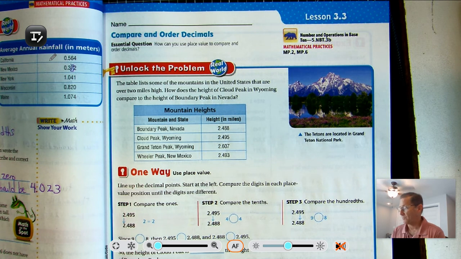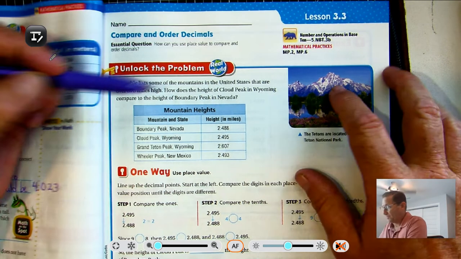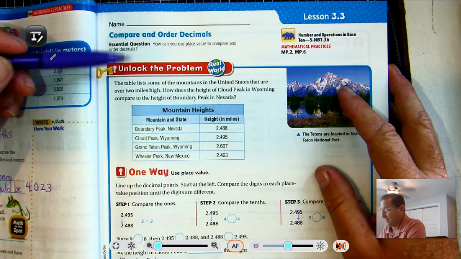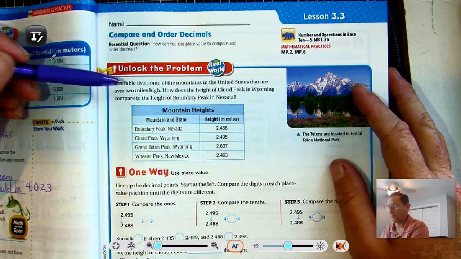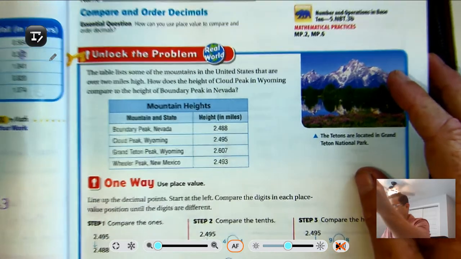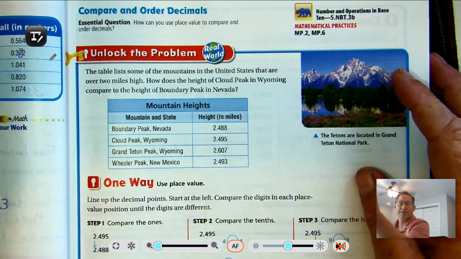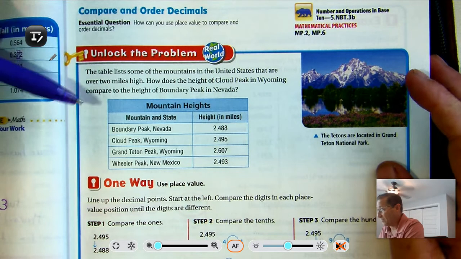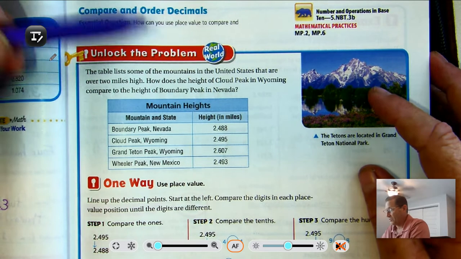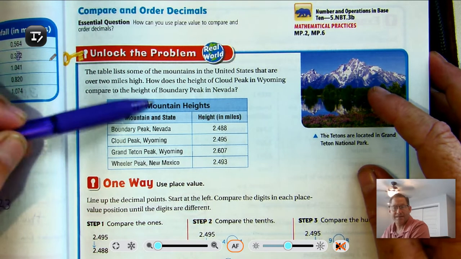So let's look at the Unlock the Problem. The table lists some of the mountains in the United States that are over 2 miles high. How does the height of Cloud Peak in Wyoming compare to the height of Boundary Peak in Nevada? So again, we have mountain heights in the table.